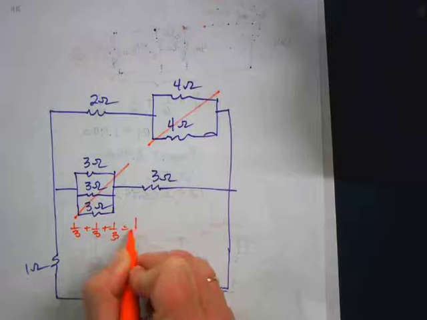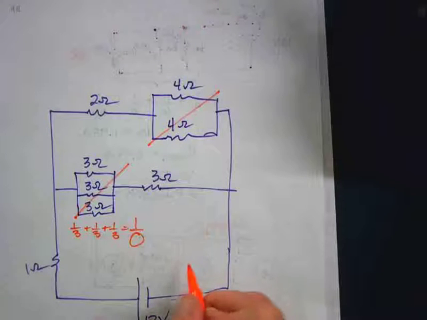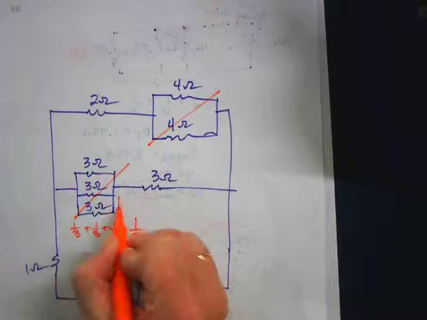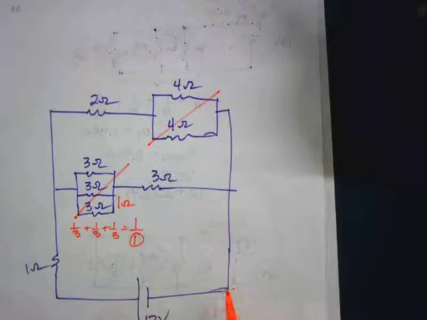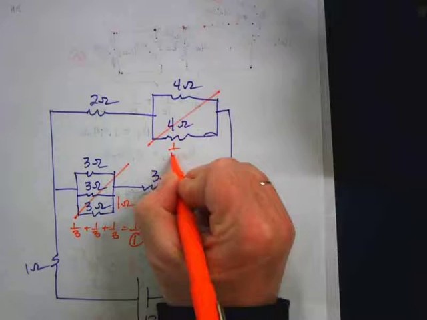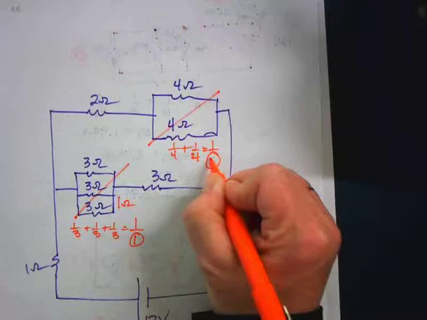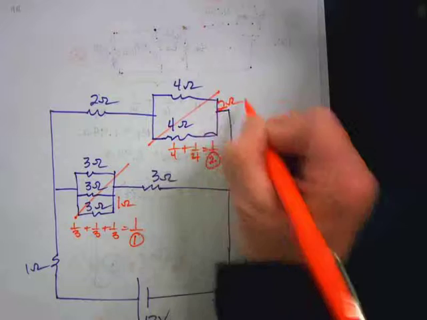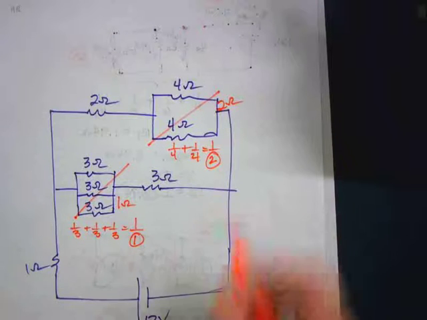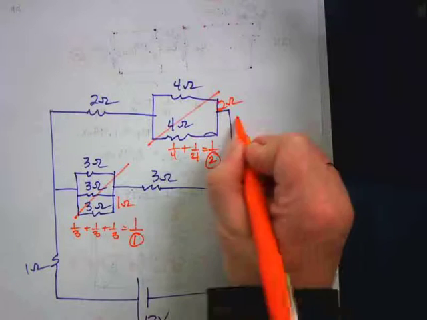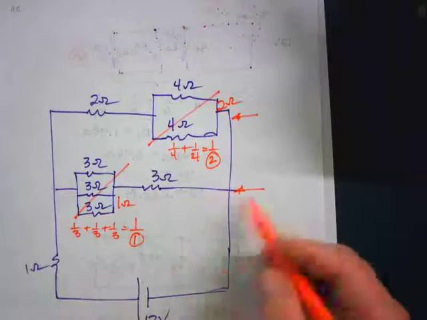Do the parallel sections first. This one, 1/3 plus 1/3 plus 1/3 equals 1 over what? 1. So the equivalent resistance here is 1 ohm. The equivalent resistance here, 1/4 plus 1/4 equals 1/2. So this is 2 ohms.